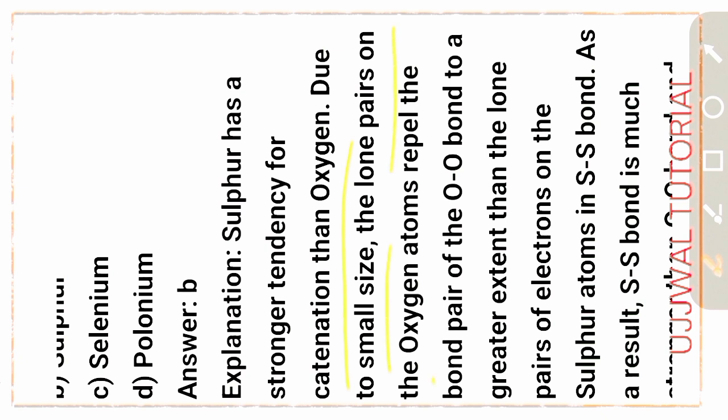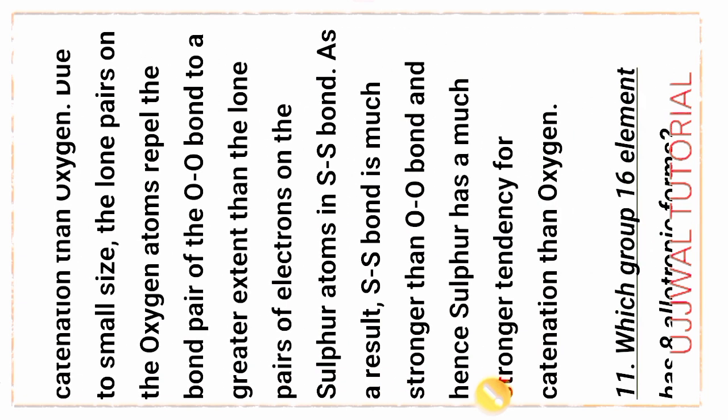The lone pairs on the oxygen atoms repel the bond pair of the oxygen-oxygen bond to a greater extent than the lone pairs of electrons on the sulfur atoms in the sulfur-sulfur bond. As a result, the sulfur-sulfur bond is much stronger than the oxygen-oxygen bond, and hence sulfur has a much stronger tendency for catenation than oxygen.